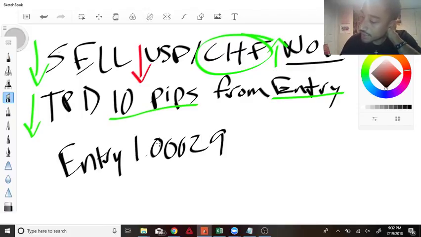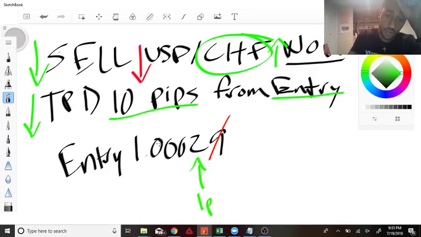So what's the number that we don't pay attention to? It's the number all the way to the right, so we act like it doesn't exist. What is a single digit pip? The single digit pip is the 2 right there, and the 10 digit pip is the number right there.